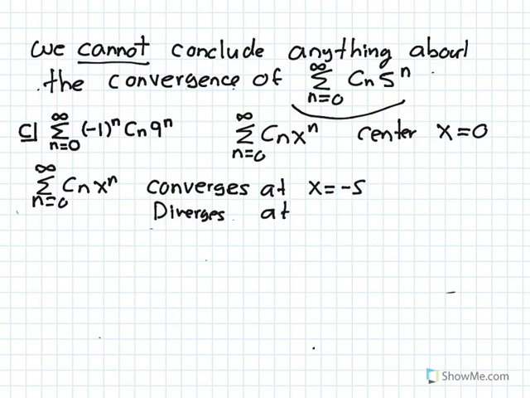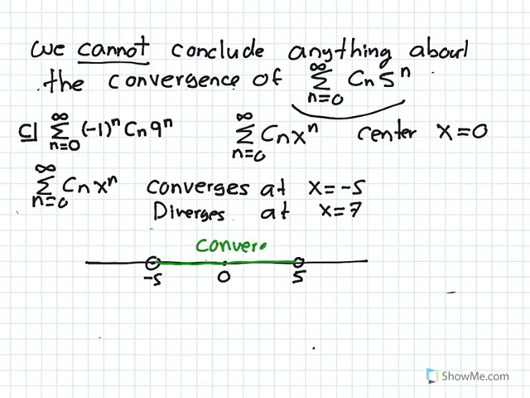at x equals 7. So let's draw a diagram. If we draw a diagram, we know that this power series converges in the interval from -5 to 5. And here is the center, 0. We know that it diverges outside this interval. So let's write this down. Converges when x is between -5 and 5.